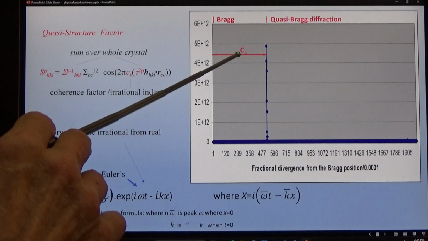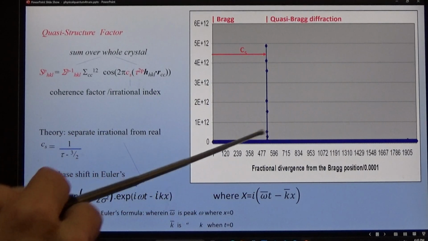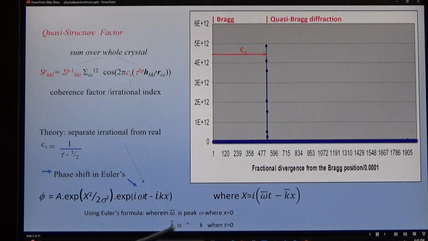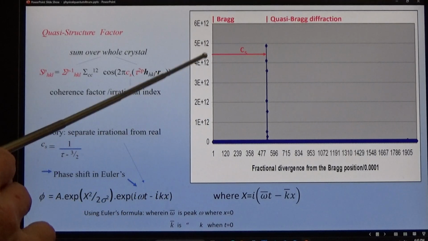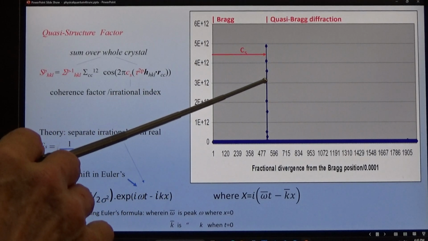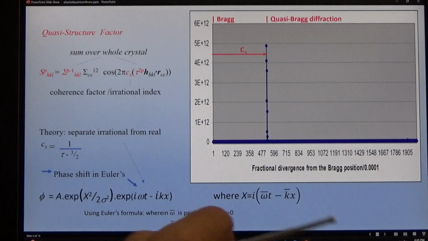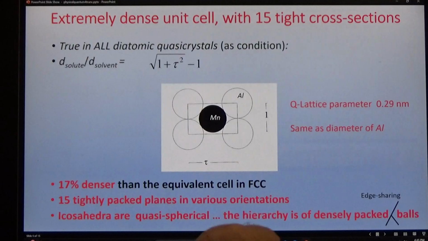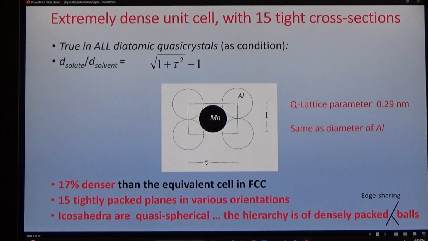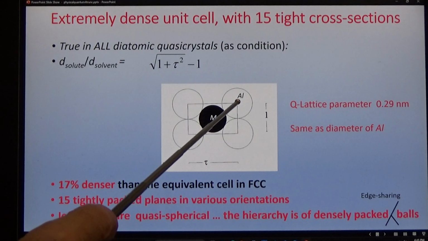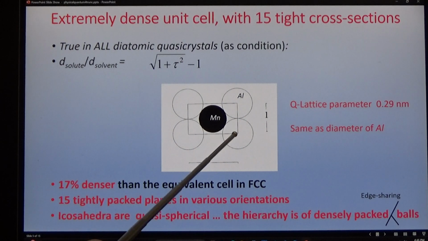Well, CS turns out to be identical for all the beams by means of a scattering factor in Euler's wave, and this produces the divergence from the Bragg condition. And knowing CS, we can measure the quasi-lattice parameter.